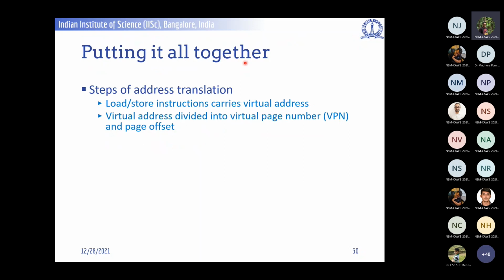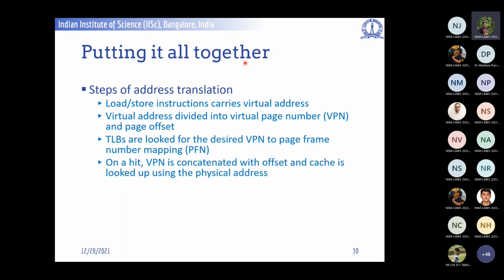Okay, so how the whole process actually works, putting it all together, is that, as we said, loads and stores carry virtual addresses because applications know only virtual addresses. The virtual address is then divided into a virtual page number and a page offset. The virtual page number is used to look up the TLB.